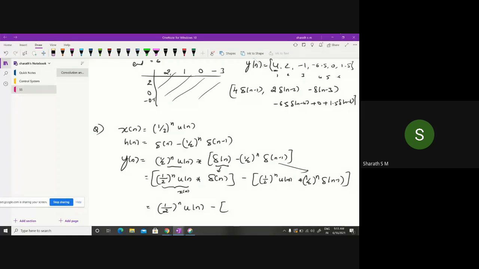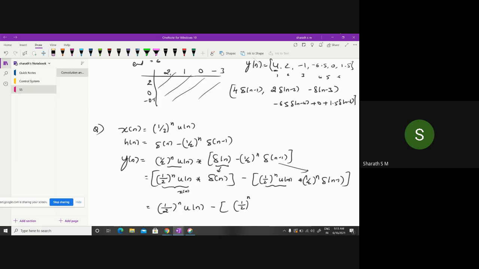Delta of n minus 1 means delta of n minus n naught. So x of n convolve with delta of n minus n naught gives x of n minus n naught. Wherever you have the variable n, we need to write it in terms of n minus n naught, where the value of n naught is 1.